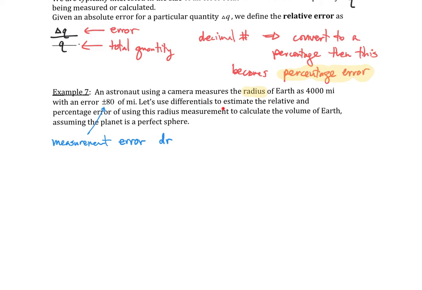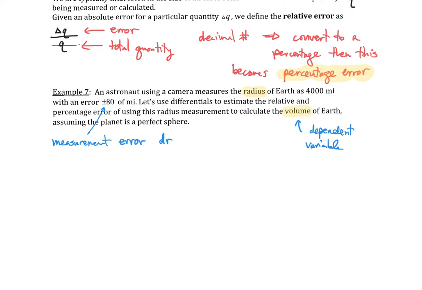Let's use differentials to estimate the relative and percentage error using this radius measurement to calculate the volume of the Earth. Let me highlight that word volume, because the volume is the dependent variable or quantity.